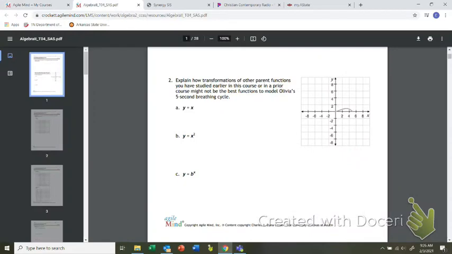All right, now if we look at number 2, it says, explain how transformations, so taking it back to topic 3, of other parent functions you have studied earlier in this course or in a prior course might not be the best function to model Olivia's 5-second breathing cycle. Okay, so we all know that y equals x is linear.